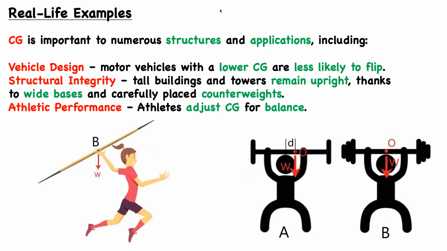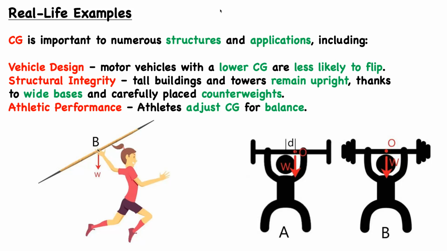Now, another athletic example is that of a weightlifter. If you're going to do a shoulder press exercise or some very heavy exercise, you want to make sure that you have careful control over the center of gravity. In what we call here person B's case, their center of gravity is in the center of the weight.